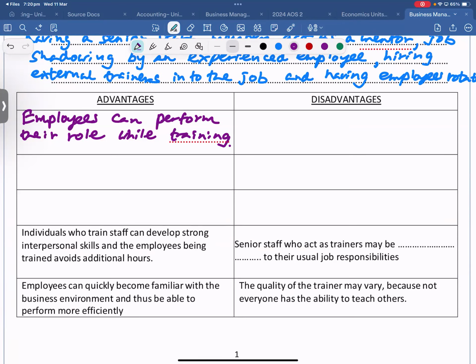Right, next one, minimize losses to productivity.